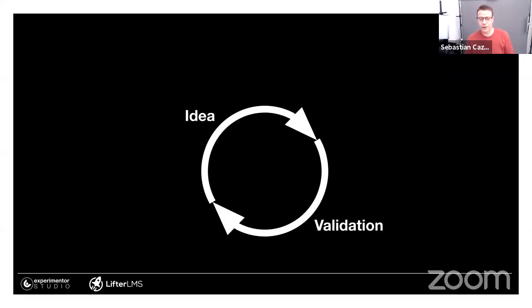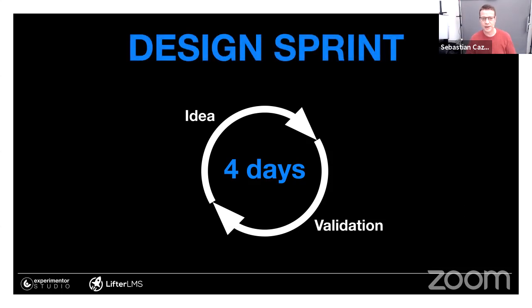Basically, that means you have an idea and you validate it even without a launch in only 4 days. So you don't have to spend months of work in creating the perfect course that nobody wants to buy. That's the core, that's the essence of course design sprint, validating your course idea in only 4 days at the minimum cost possible.